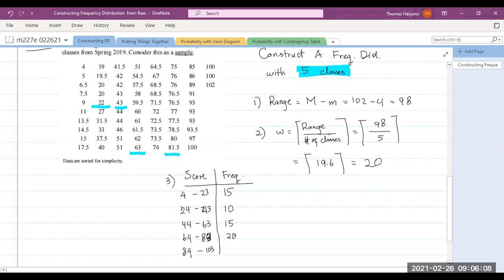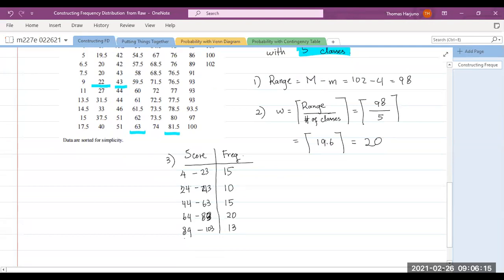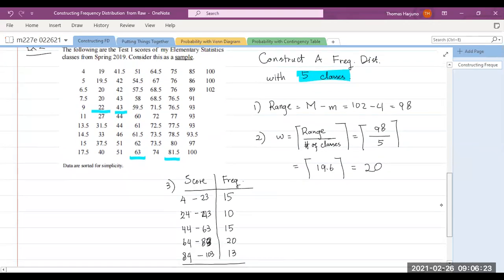And from 84 to 103, they are 13. Let me add how many people here. I get 73. That's 10 times 7, 73. Yeah, that's right. So we have 73 people confirmed.